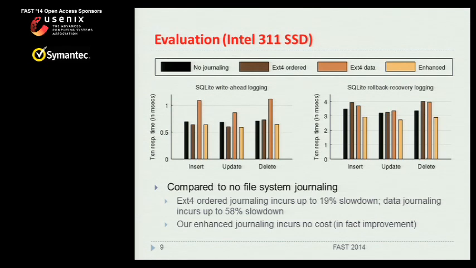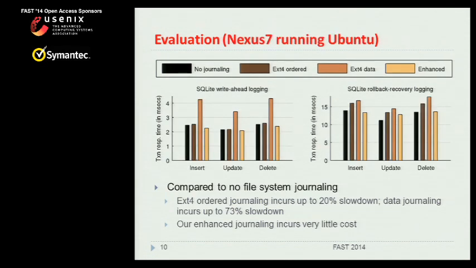And we also have our enhanced system in the comparison as well. What we find is that compared to no file system journaling, ext4 ordered journaling incurs up to 19% slowdown, and data journaling incurs up to 58% slowdown. And our enhanced implementation incurs actually no cost. In fact, it often improves performance because it merges multiple device writes into a single one.